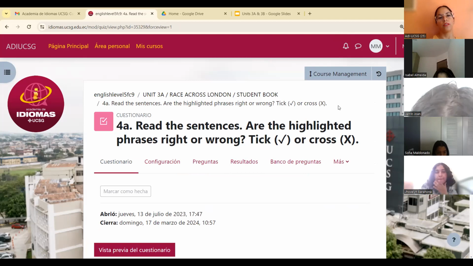Are the highlighted phrases right or wrong? Tick or cross?